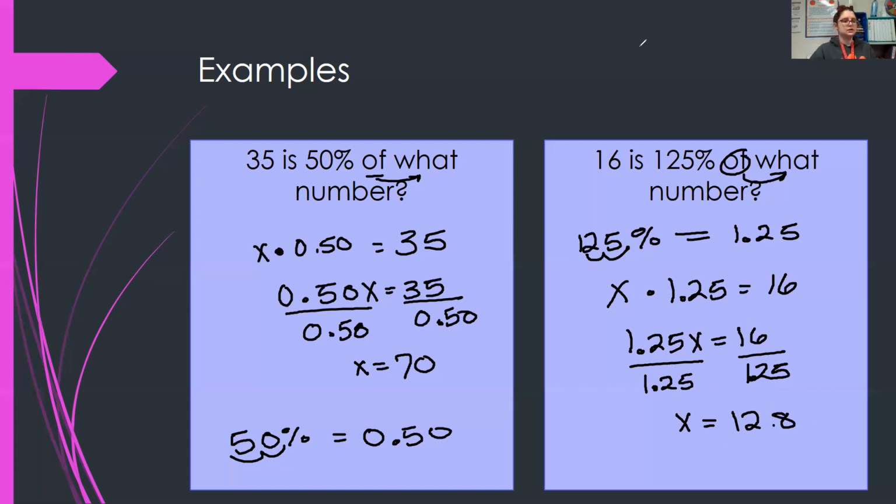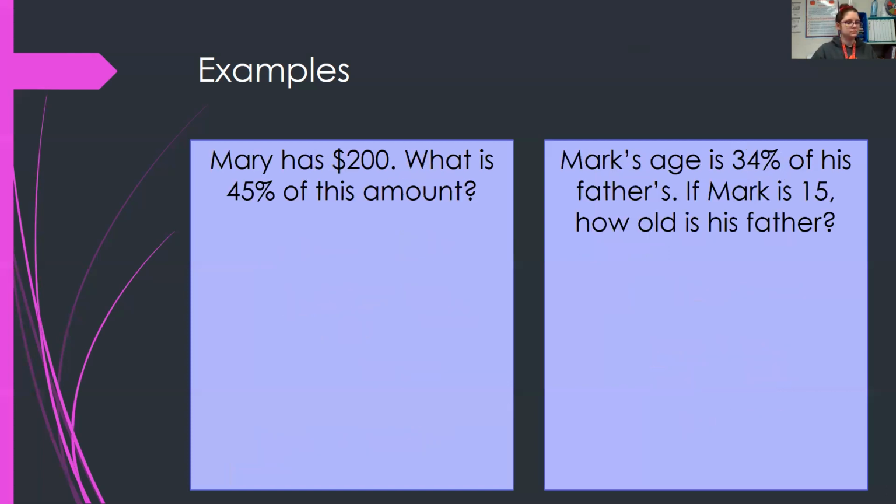Okay, let's look at two word problems. Mary has $200. What is 45% of this amount? So 45%, decimal point 1, 2 to the left, which equals 0.45.